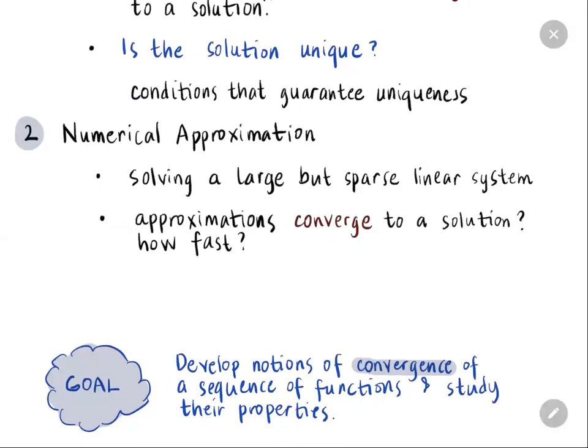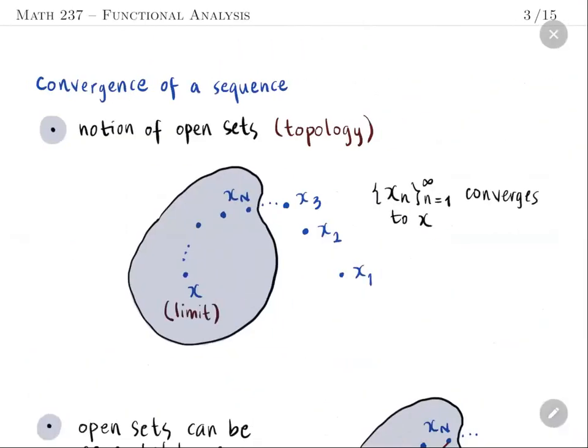What is the minimal requirement for convergence? For convergence of a sequence, it suffices to have the notion of open sets, or in this case, a topology on your vector space. Convergence is basically the following. I have a sequence x sub n from 1 to infinity.